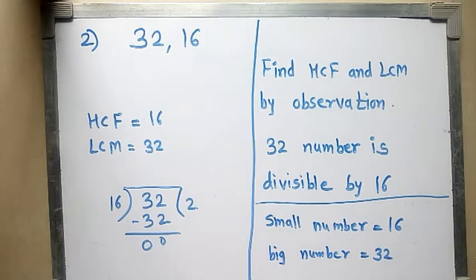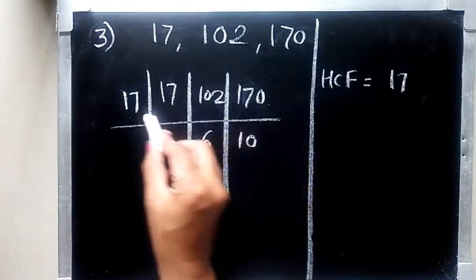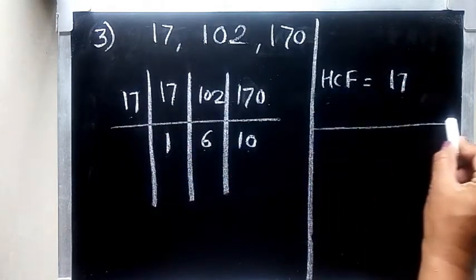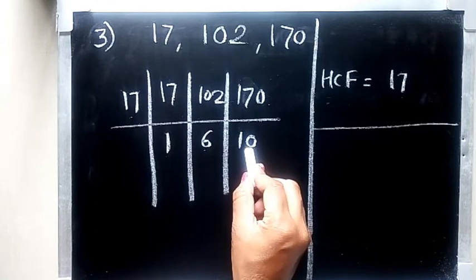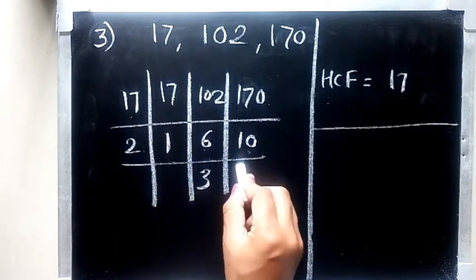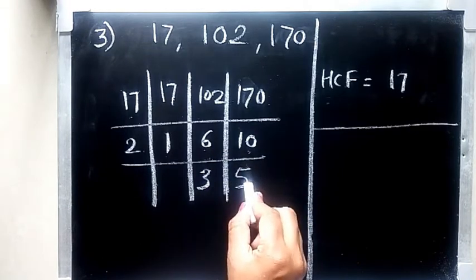Third example is 17, 102, 170. I divided these three numbers by 17. HCF is 17. Then to find the LCM, divide by 2. Prime numbers are 3 and 5.